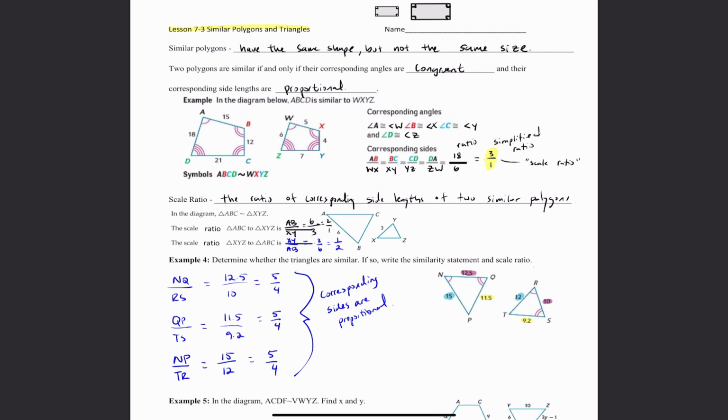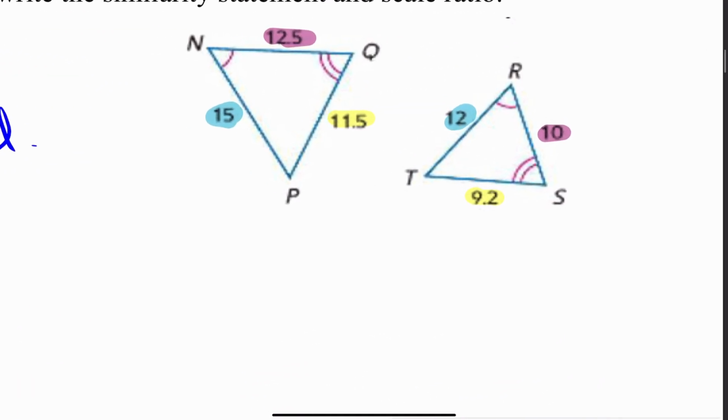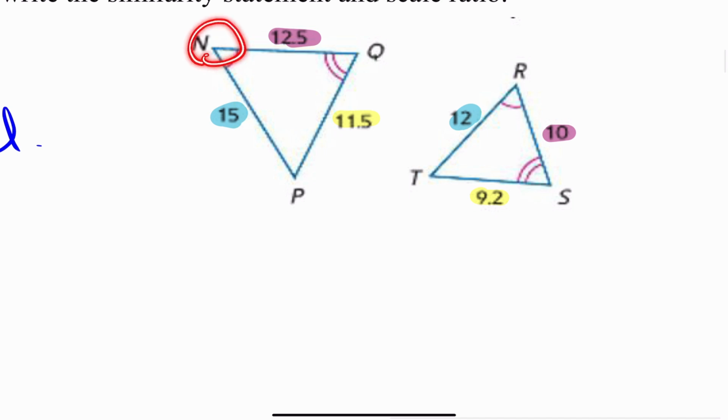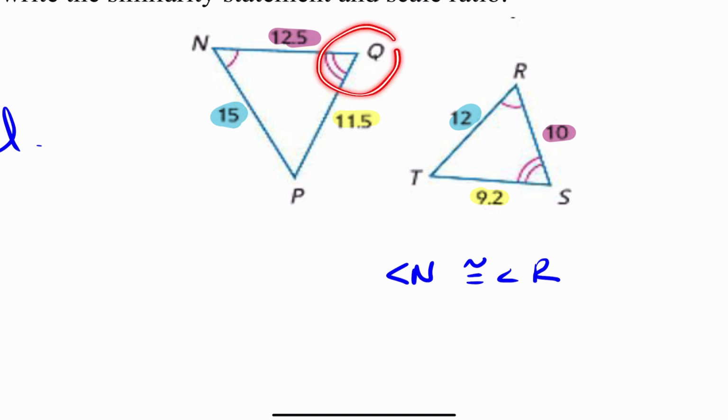Now I need to figure out whether or not the corresponding angles are congruent. Note that you can see that angle N has one arc, and so does angle R for this other triangle. And then angle Q has 2, and angle S also has 2. So those two are corresponding and congruent.